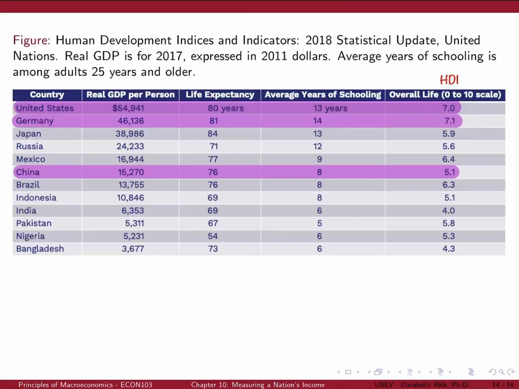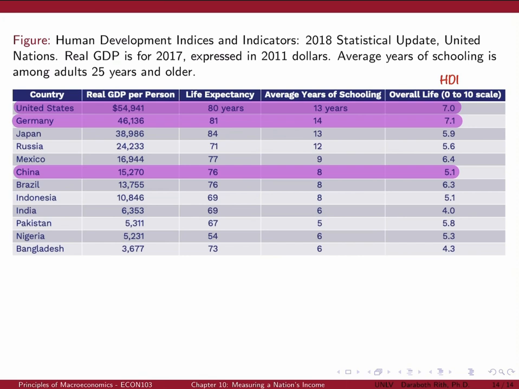Take a look at this table and let's compare three major economies, the United States, Germany, and China. We look at their respective real GDP per capita, or per person, life expectancy, average years of schooling, and overall HDI. The values highlight the relative economic and social conditions in these countries. Real GDP.